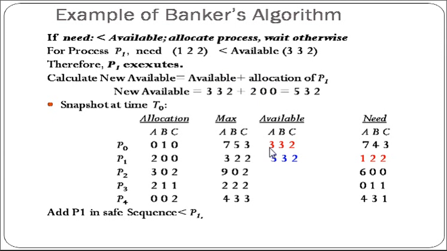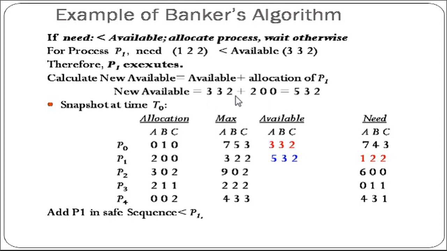Now what is the old available? It is 3, 3, 2, and the allocation of process P1 is 2, 0, 0. So the new available will be 5, 3, 2. That is 2 of type A plus 3 of type A, that is 5; 3 plus 0; and 2 plus 0.